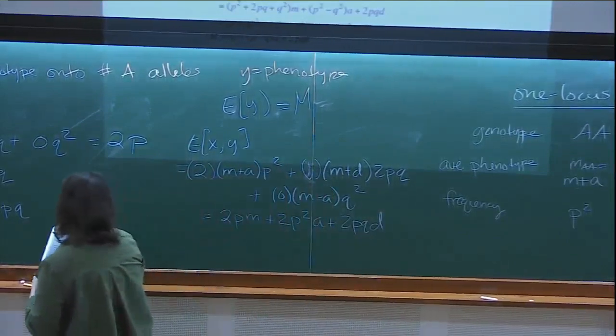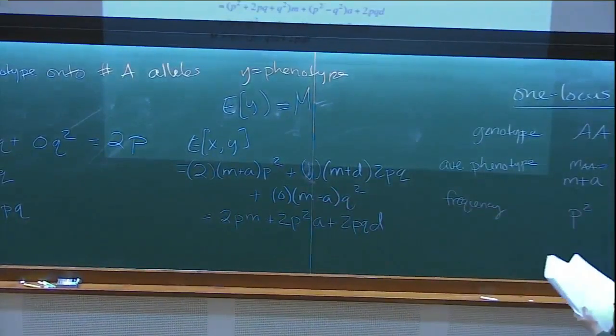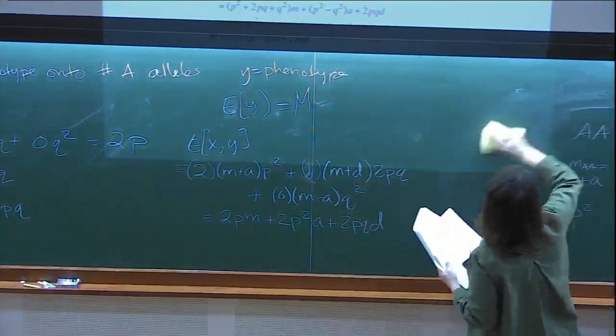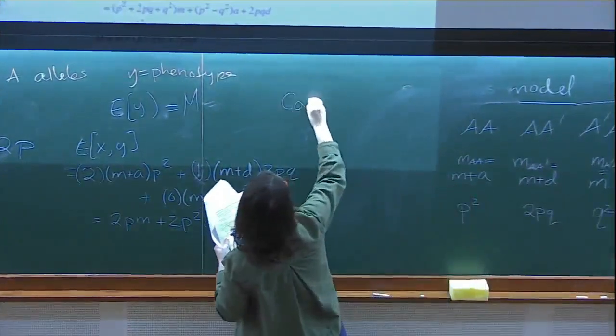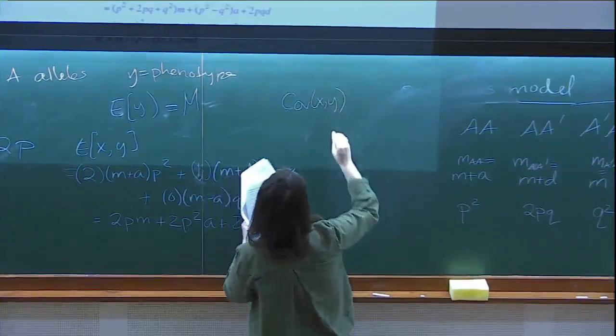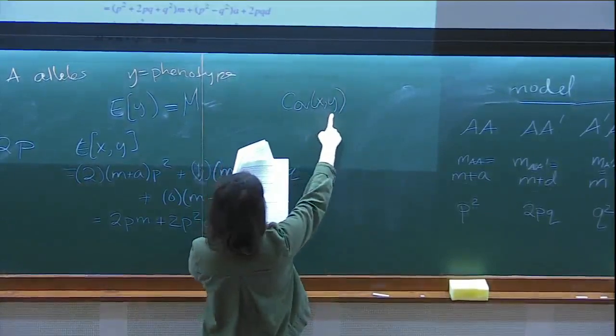And then finally, we put that together somewhere, and get the covariance between the number of A alleles and phenotype.